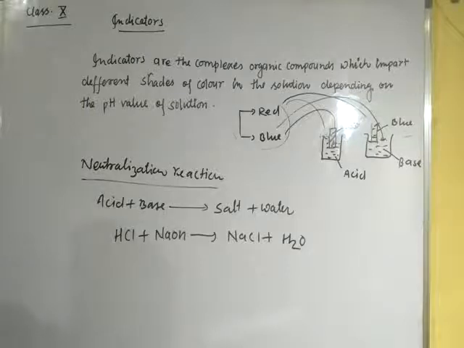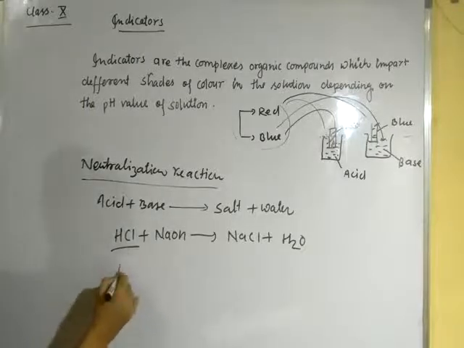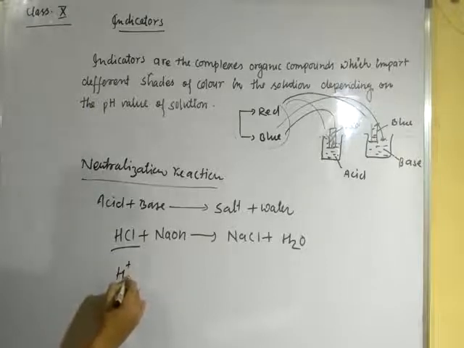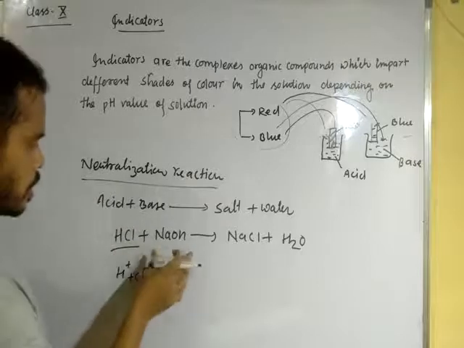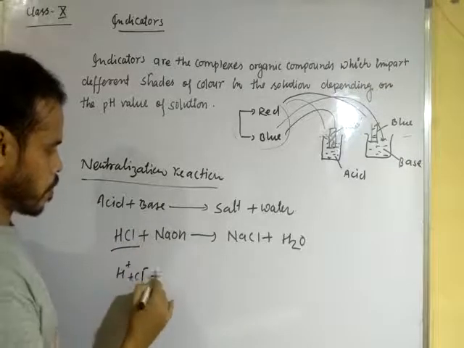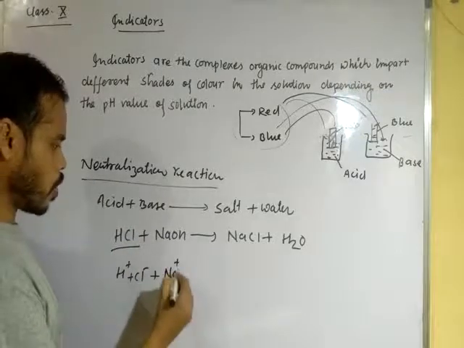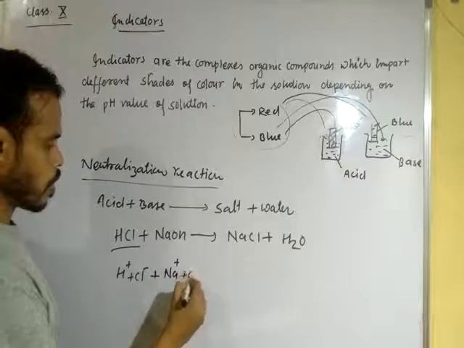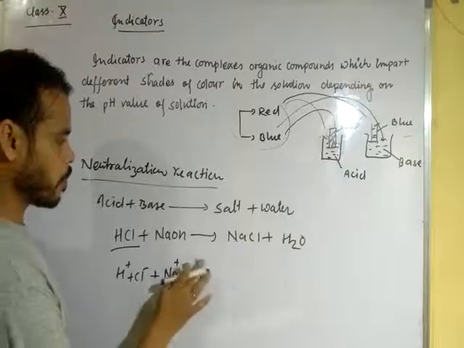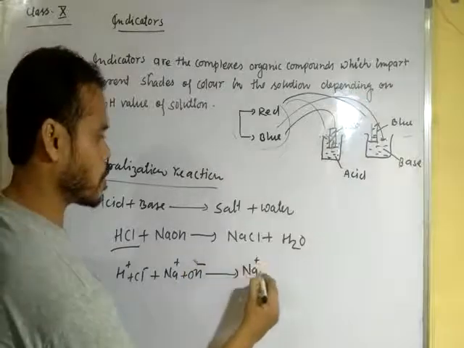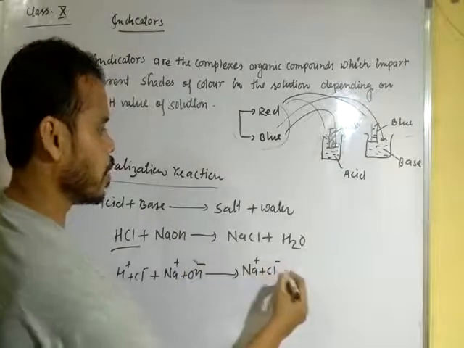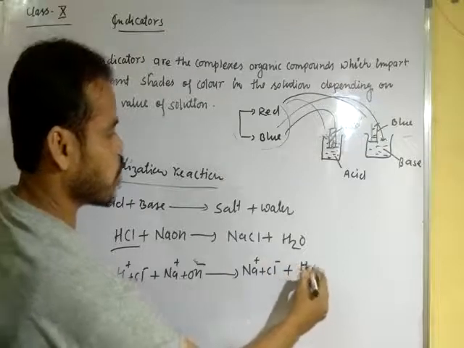Now to prove that, suppose here H positive and Cl negative split in the reactant, plus Na positive and OH negative, and it goes to Na positive and Cl negative and H2O.